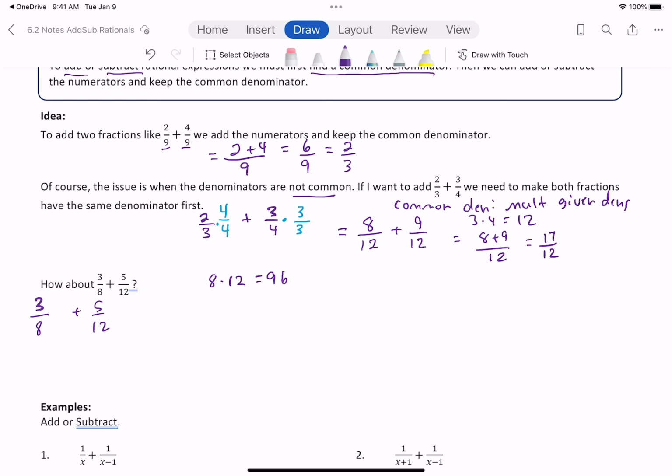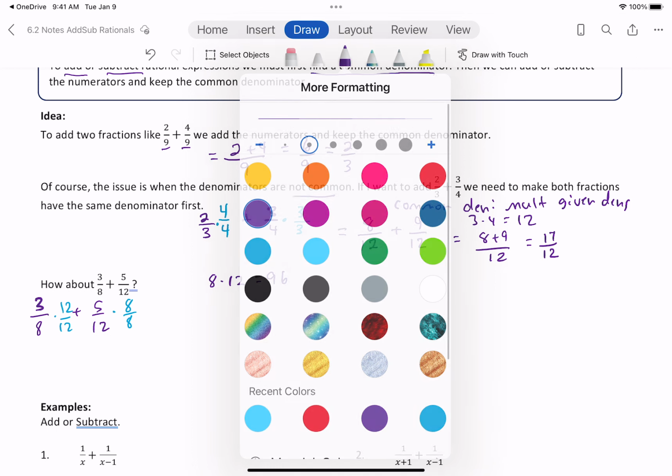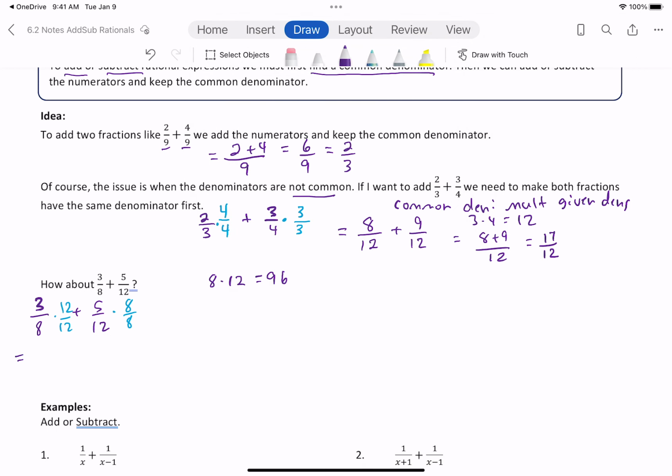And I would have to multiply the first one by 12/12, and the second one by 8/8.